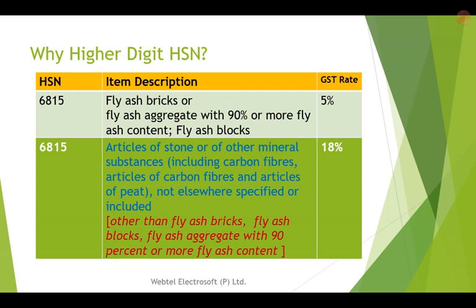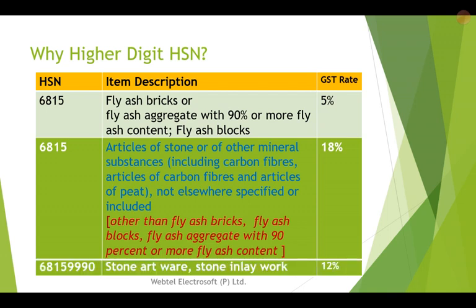So in one case the rate is 18%, and in another case the rate is 5%, though the HSN is the same. And if we go to 8-digit HSN, then in some cases like stone artware, stone inlay work, etc., the rate is 12%. So this is why with a higher digit HSN we can get an accurate GST rate.